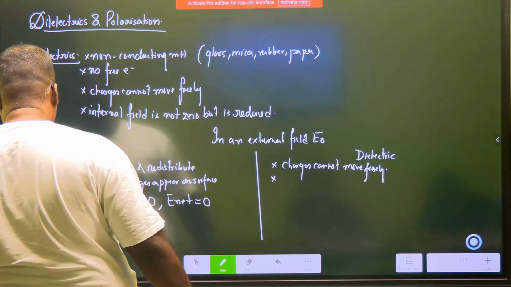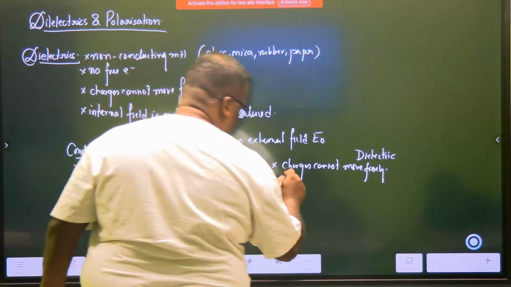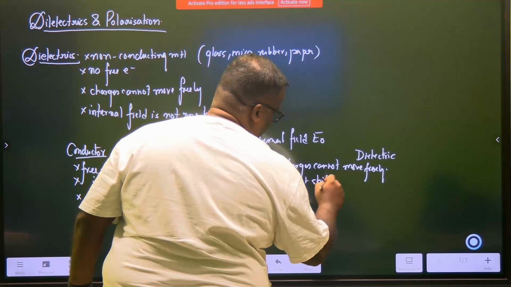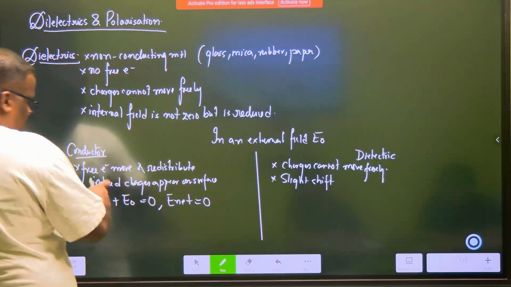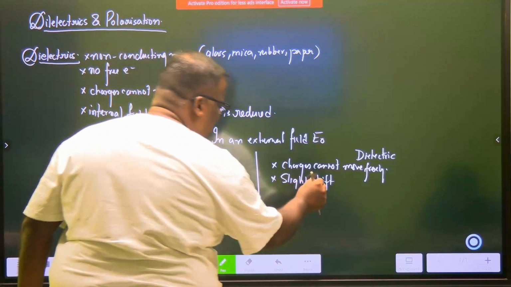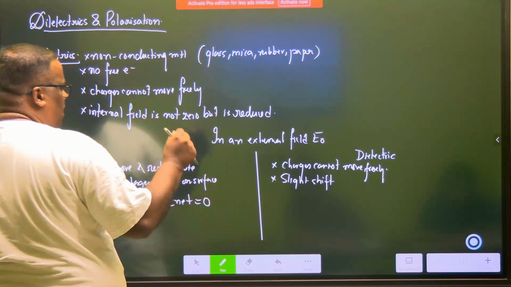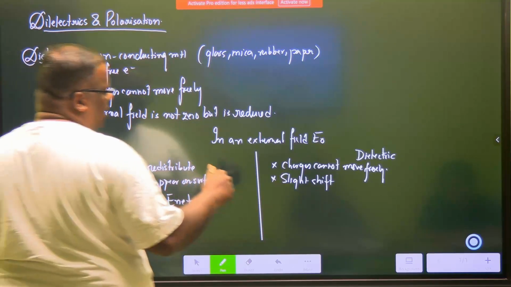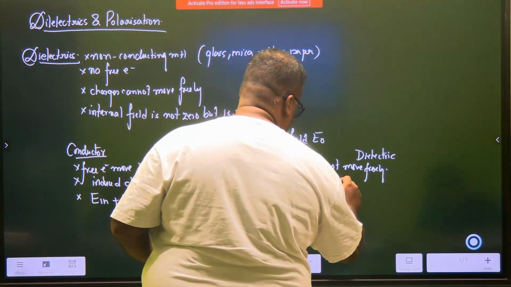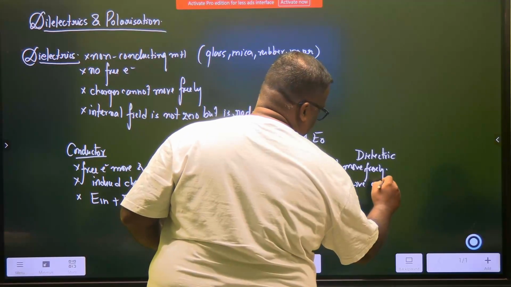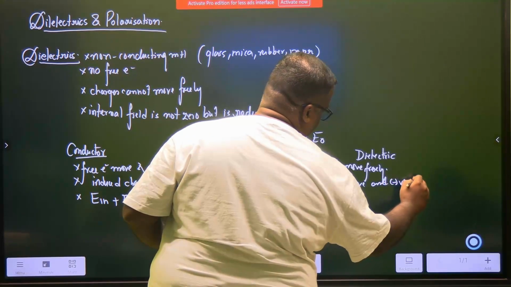Point number 2, there is a slight shift. This is the difference. Here there is redistribution and free movement; here there will be just a slight shift. There are plus and minus charges inside and they will just move. Slight shift in positive and negative charges.